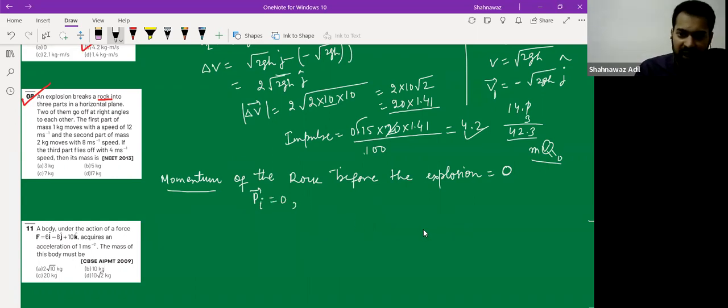And about the final momentum, the first part of mass 1 kg moves with a speed of 12 meter per second. So what will be the momentum?